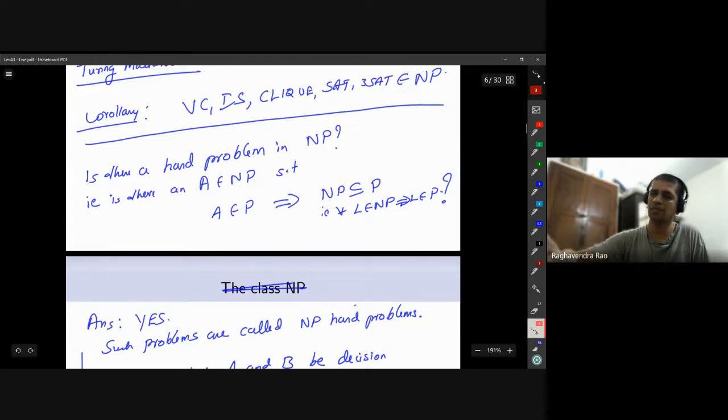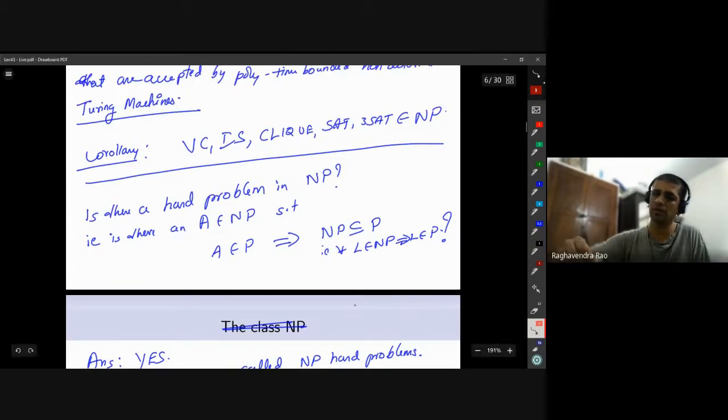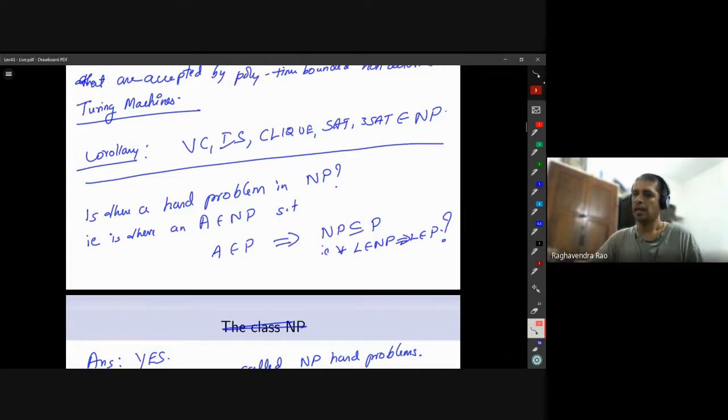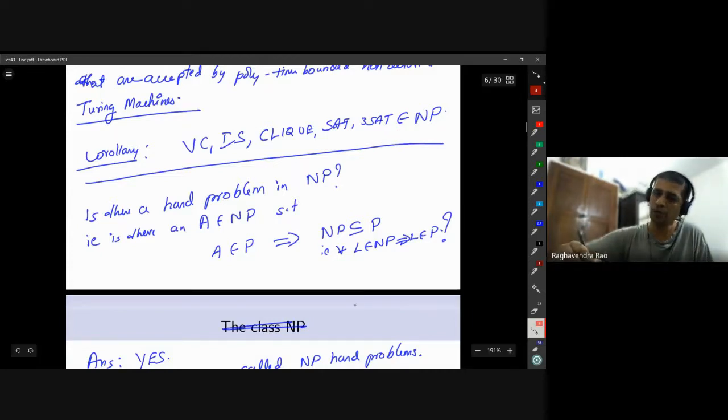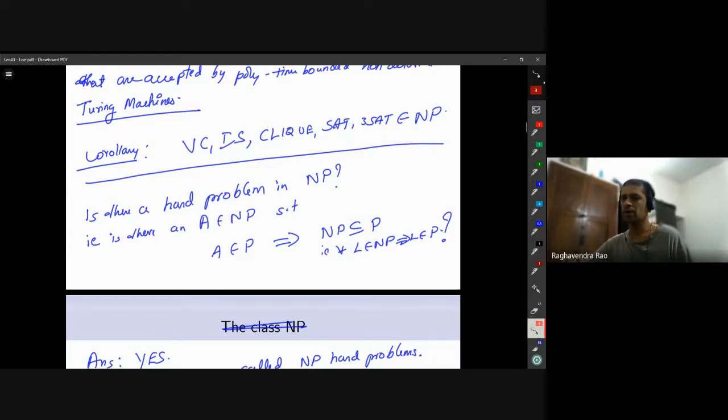Except the relation between SAT and 3-SAT, which I didn't specify; I'll mention it without proof and give it as an exercise for you to read. They have the property that if you show that one of them is in polynomial time, all of them are in polynomial time. This is not specific to these four problems; it is a property of the whole class NP.